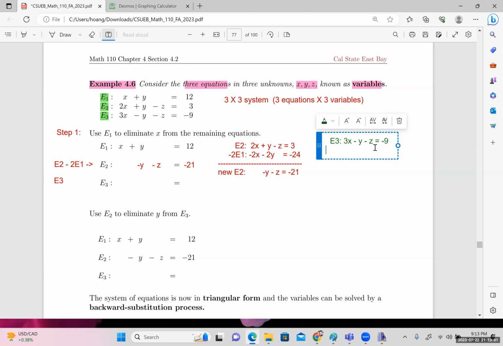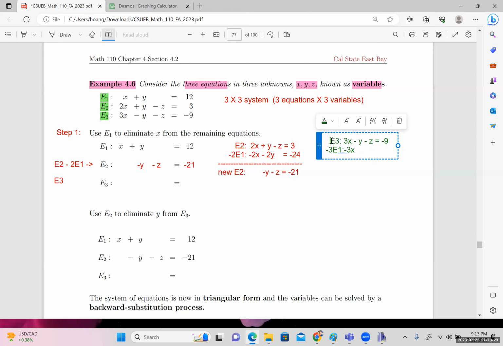So with equation 1, keep using equation 1 to eliminate it. You know that it was x only. So if you want to eliminate the 3x here, you need to have -3 there, so you need to multiply by -3 for the E1, right?